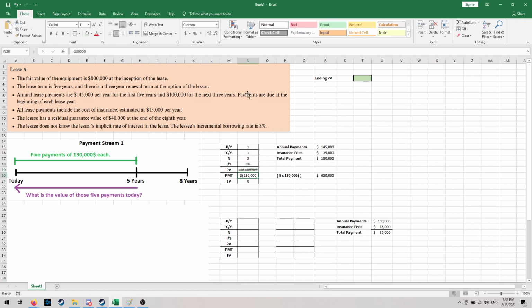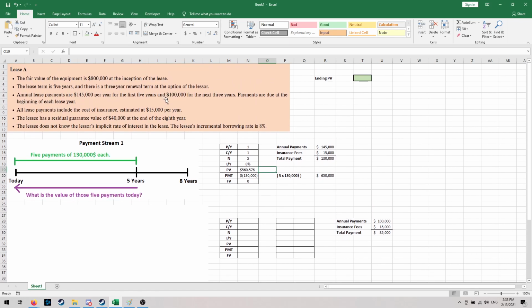And we'll just adjust this so we can see it, and we'll see that we get $576. So we can see that this is less than if we were to just add up the amount of all of the $130,000 payments. This money will grow in value. So we need almost $100,000 less than the total value of the payments.